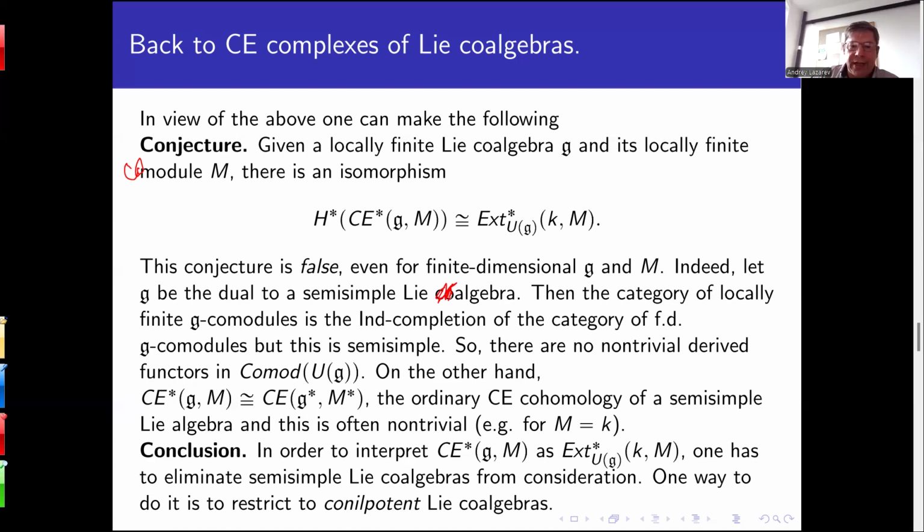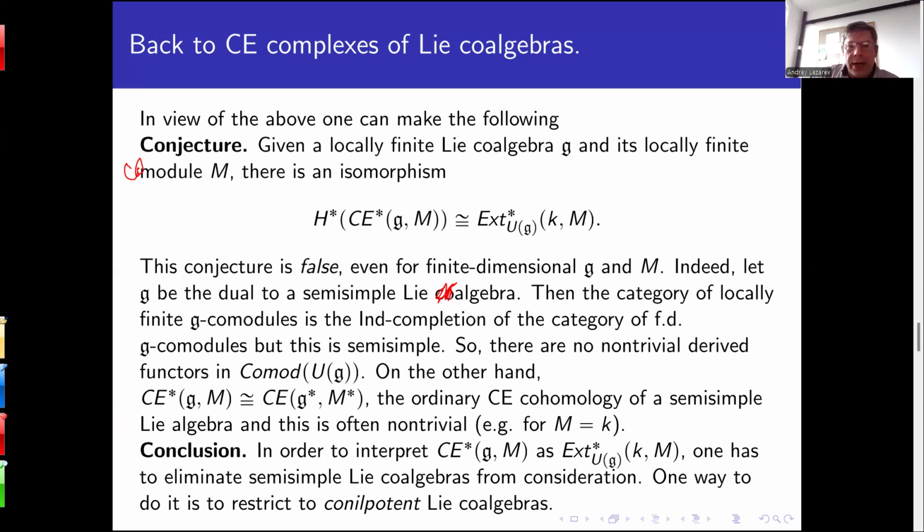And the Chevalley and Eilenberg homology or cohomology of a semi-simple algebra is often non-trivial. For example, if M is a one-dimensional trivial representation, then it's well known that there is non-trivial cohomology, even for SL2.